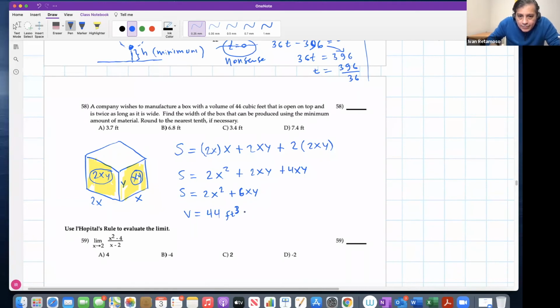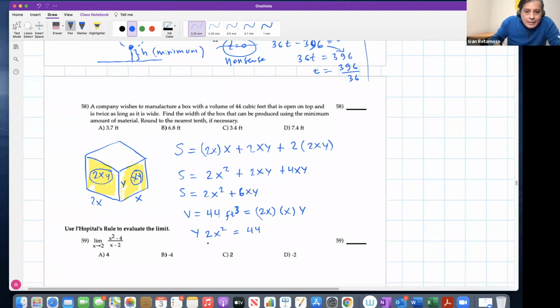The volume is the width times the length times the height, twice x multiplied by x times y. So this is telling me that y multiplied by 2x times x, 2x squared, equals 44.